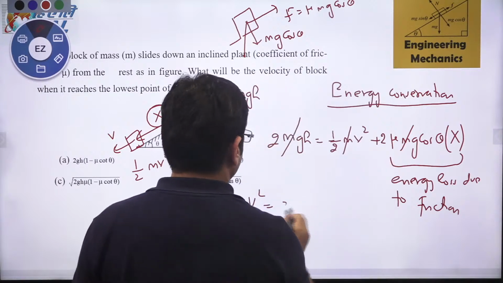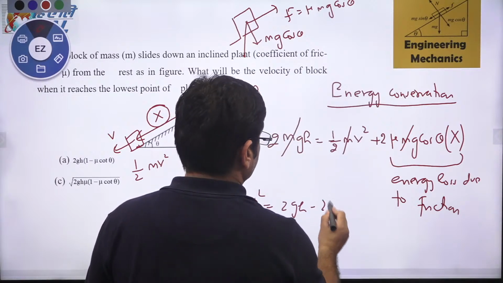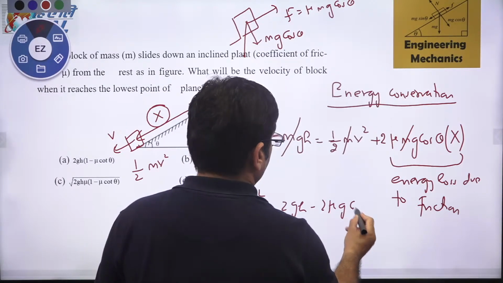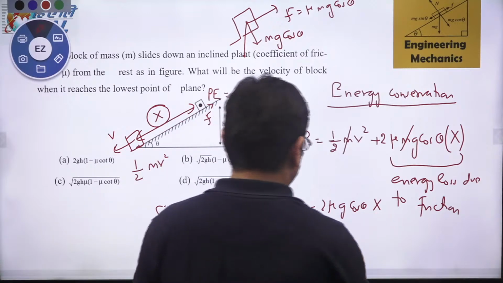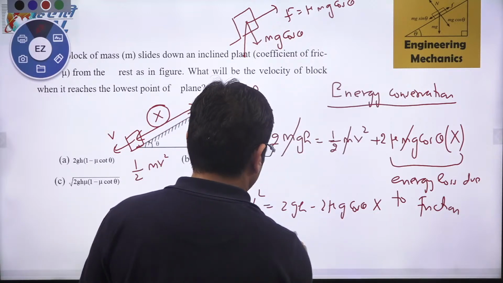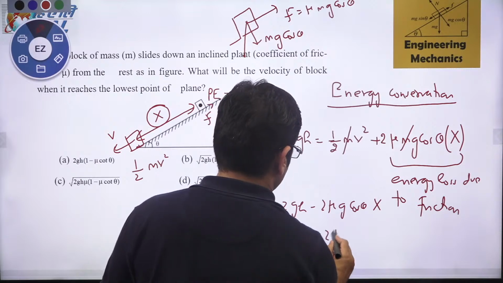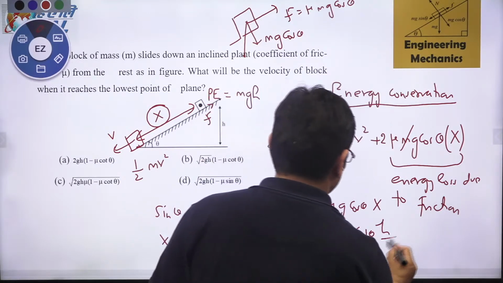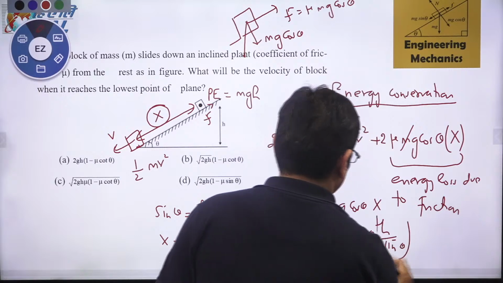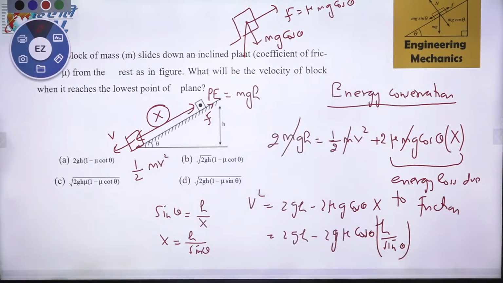So v square is 2gh minus 2 mu g cos theta into x. And what is x? h over sine theta. So this comes out to be 2gh minus 2g mu cos theta over sine theta times h. Cos theta by sine theta is cot theta.